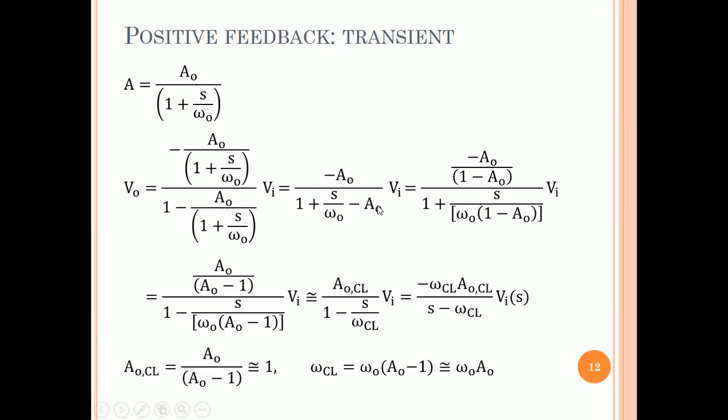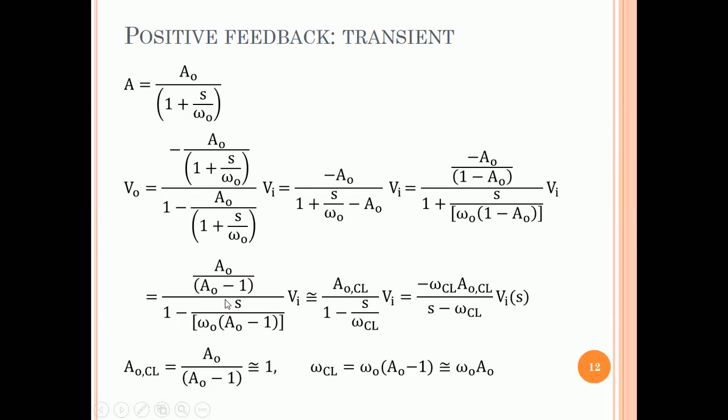Then we take the 1 minus A0 out, so we get minus A0 by 1 minus A0, divided by 1 plus s by omega 0 times 1 minus A0. Taking the negative signs inside, we get A0 by A0 minus 1, divided by 1 minus s by omega 0 times A0 minus 1.